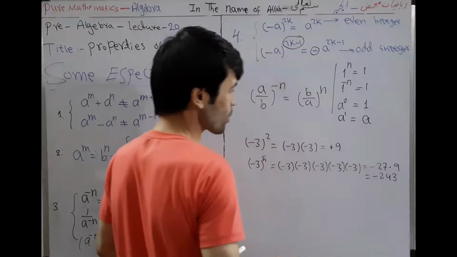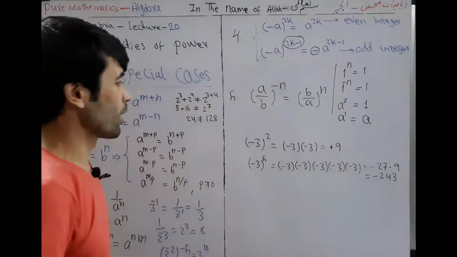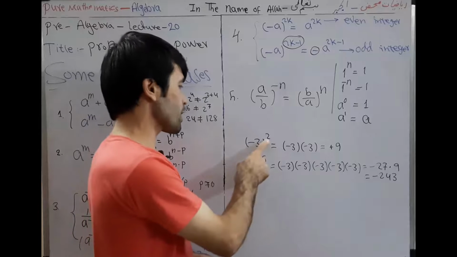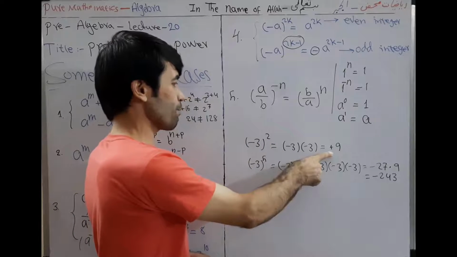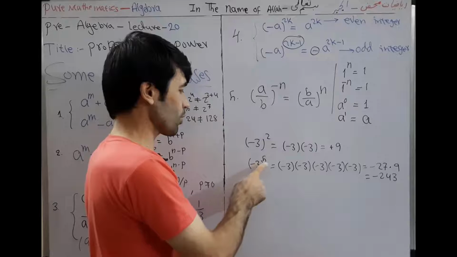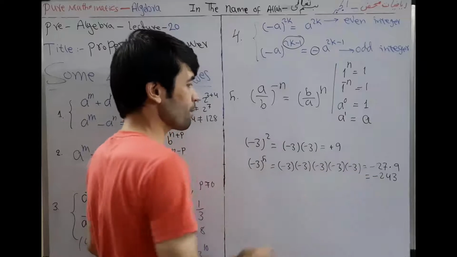It is equal to minus 243. It means that if the exponent is even, the result becomes positive. If the exponent is odd, the result becomes negative.